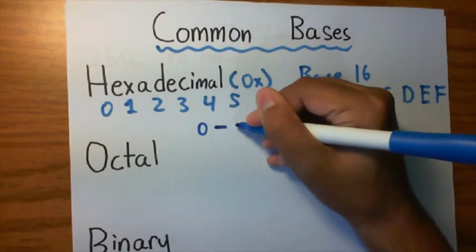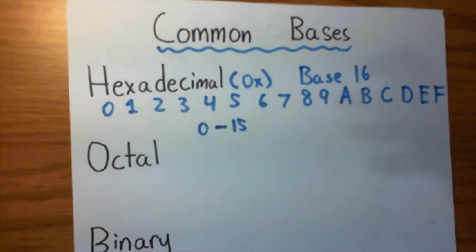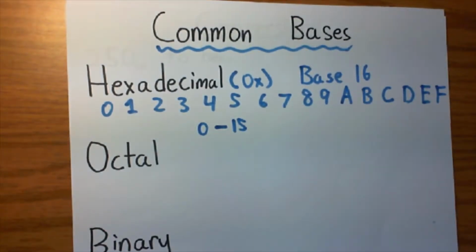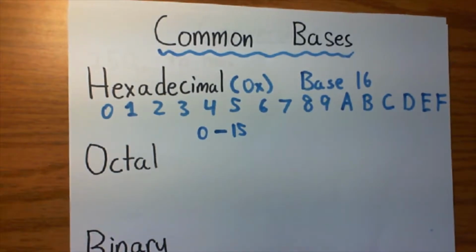And that's the same thing with our normal numbering system. It's 0 to 9, but it's 10 different possible values. So whatever your base is, you have 0 to that base number minus 1. For us, it's 16, so 16 minus 1 is 15, so it's 0 to 15.